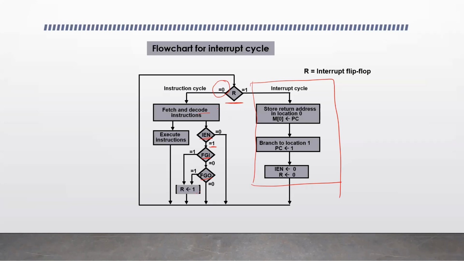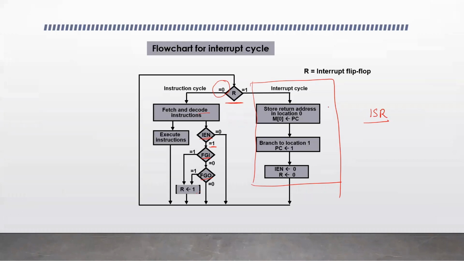So this is about the condition when R is 0, and when R is 1, the interrupt cycle needs to be done. In the first phase of this interrupt cycle, the control will be taken to the interrupt service routine, to serve the set of instructions given by the interrupt.